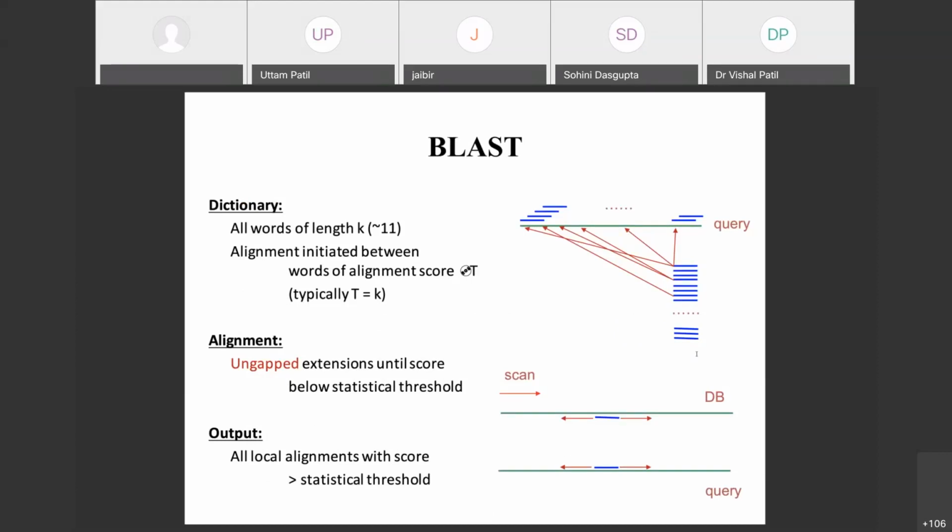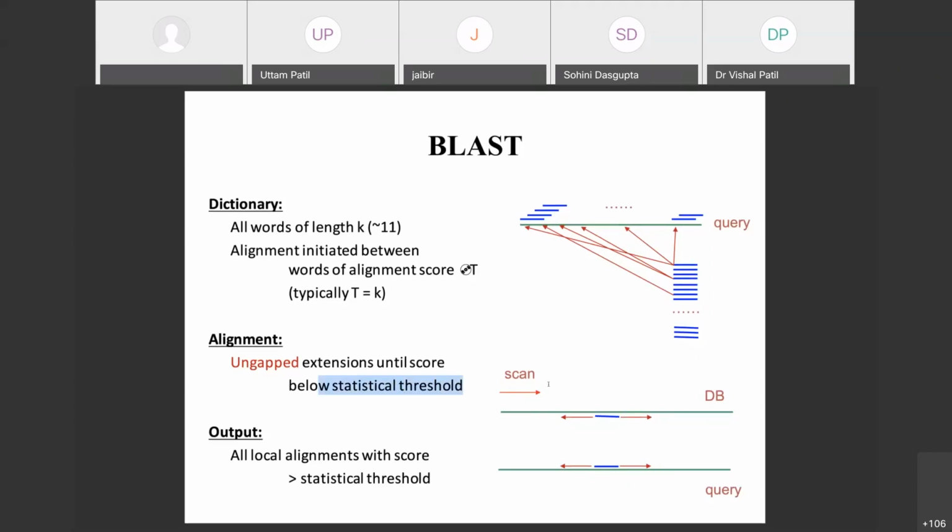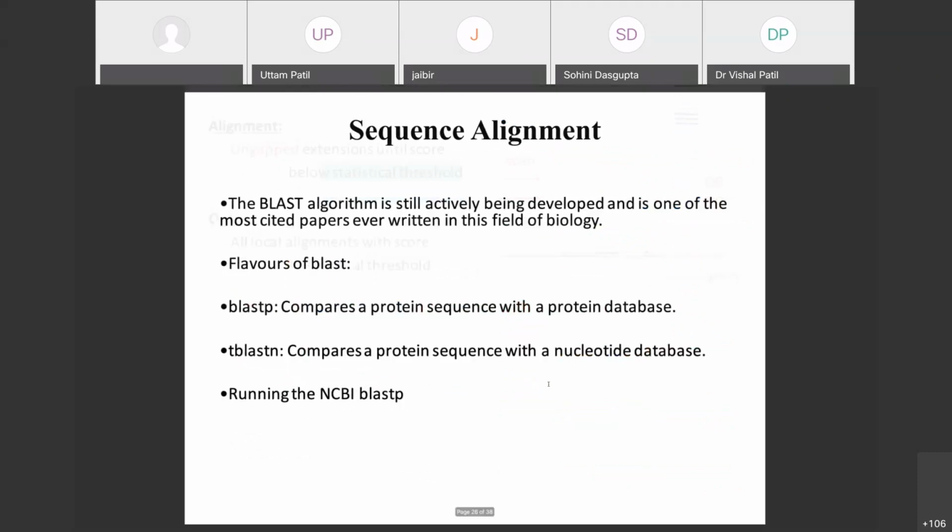It starts from multiple positions and spreads in both directions, and it checks whether the regions are getting similar. If you are getting identical or very similar amino acids, the extension will continue until you get a score which is below the statistical threshold.